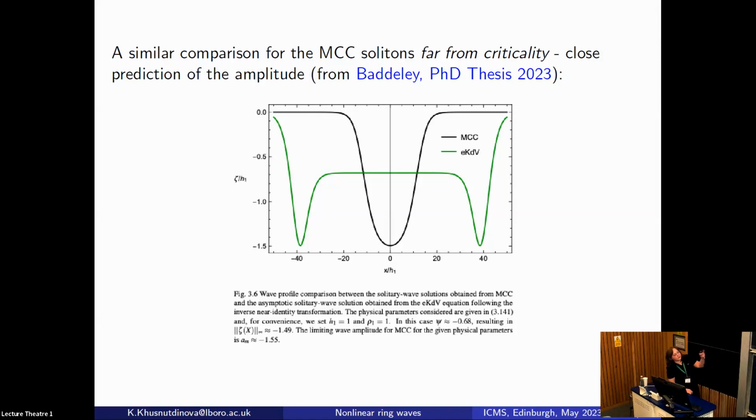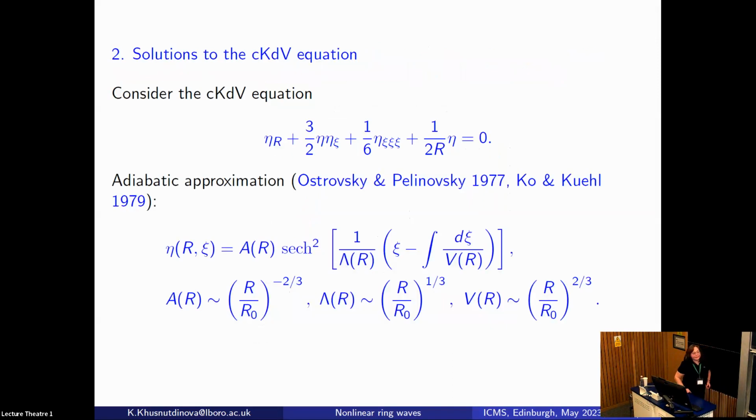And this is far from criticality, again, where we don't expect the model to work, and it does not, right? The green curve doesn't look anything at all like the black curve, but the prediction for the amplitude is very close, okay? So hopefully, this needs to be looked at a bit more carefully, but hopefully something useful can come from that.